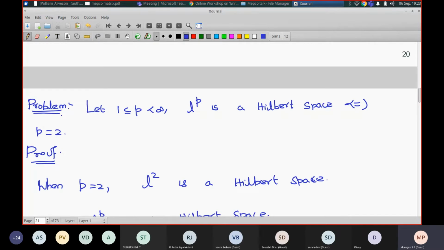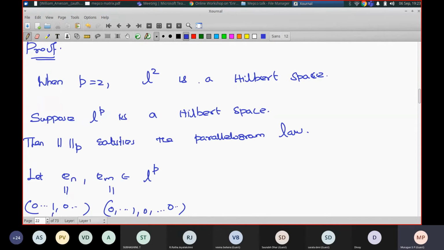Okay. And we need to show that, let 1 less than or equal to p less than infinity, l^p is a Hilbert space only for p equal to 2, right? If p equal to 2, then l^2 is a Hilbert space. That is clear. So how will you define the inner product?